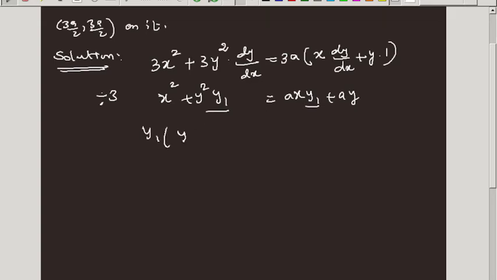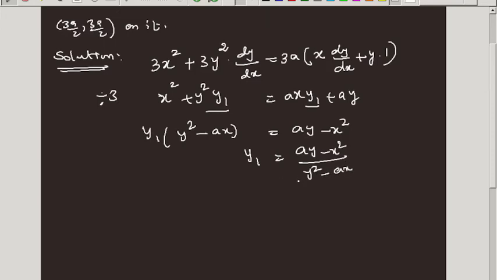We get y square minus a x, and bringing the other term to the right, y1 equals a y minus x square, dividing by y square minus a x.